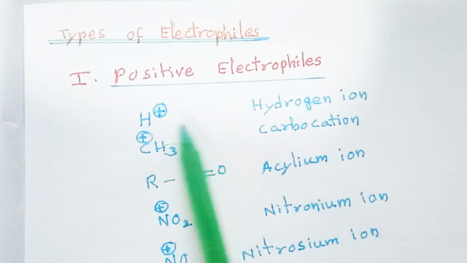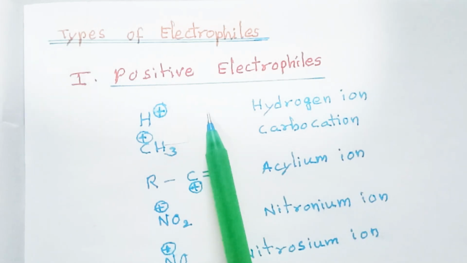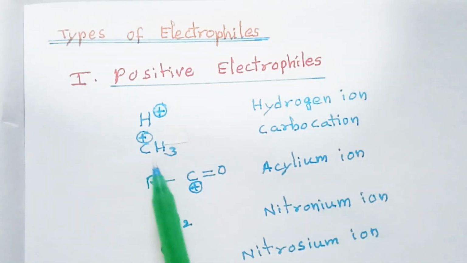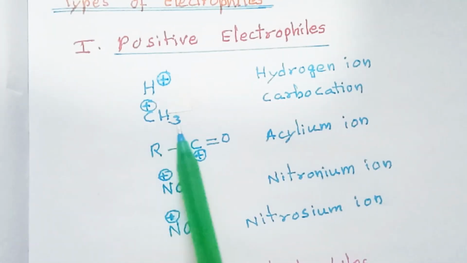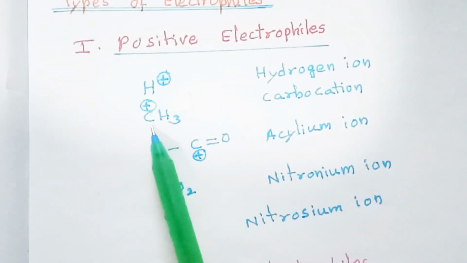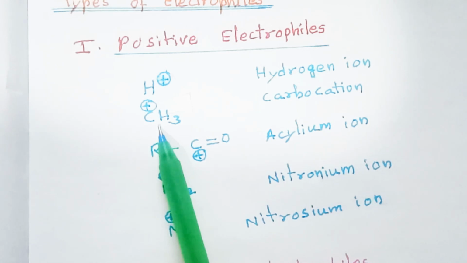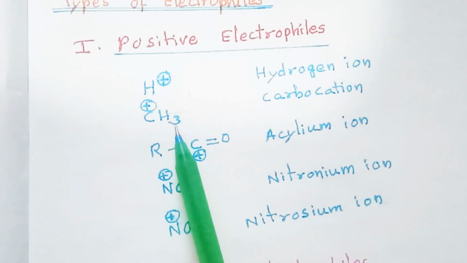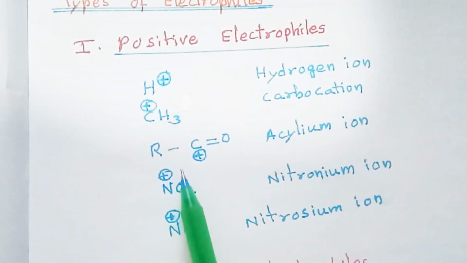So it is an electrophile because it is in need of electrons. Similarly, CH3+, that is the carbocation, has 6 electrons in its valence shell. It is in need of 2 more electrons to complete its octet. So it is also an electrophile.